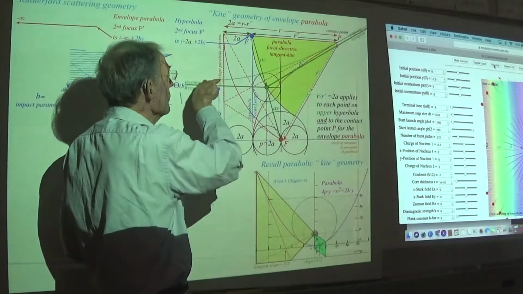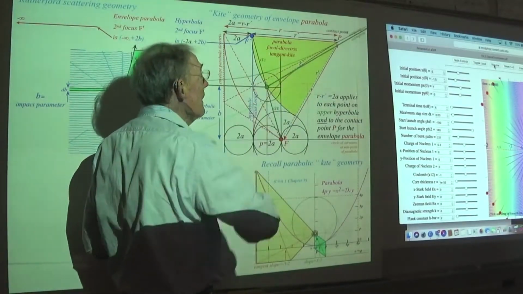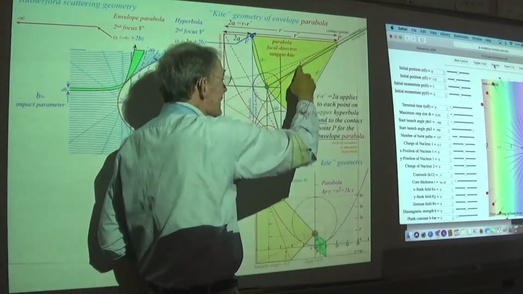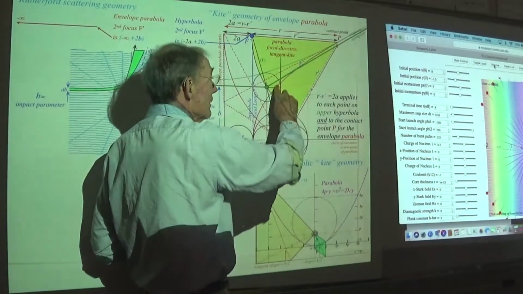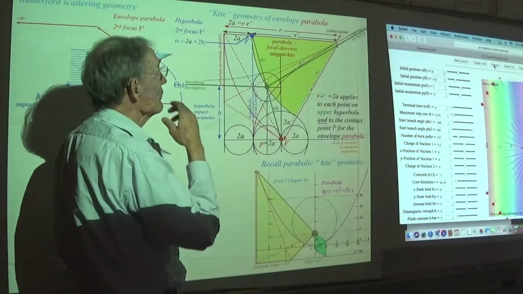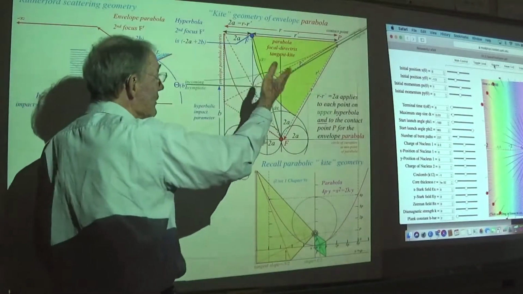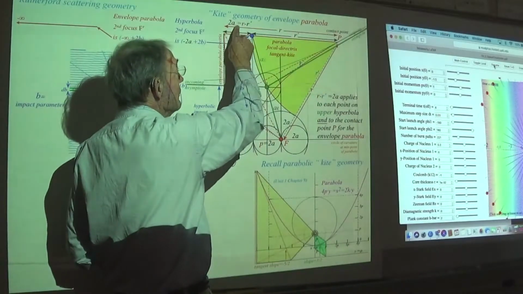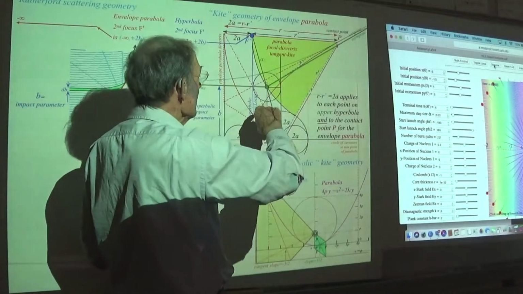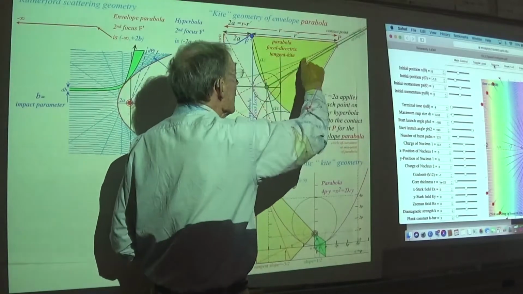So it's going to cruise right up here, and at some point it's going to contact this parabola that belongs to this kite. And the kite is there based on the basic idea of a hyperbola. The hyperbola that I'm talking about is this green one right here.